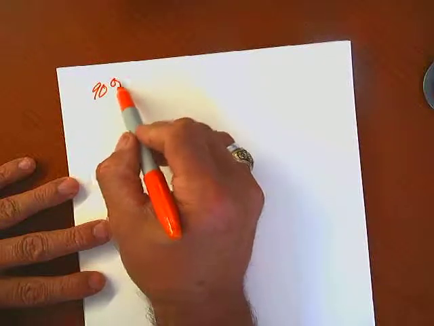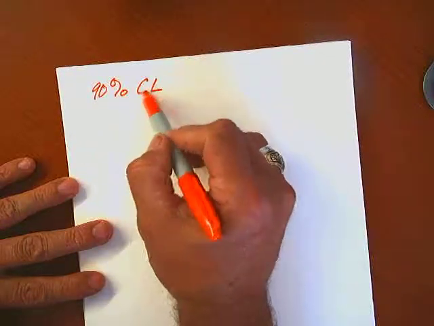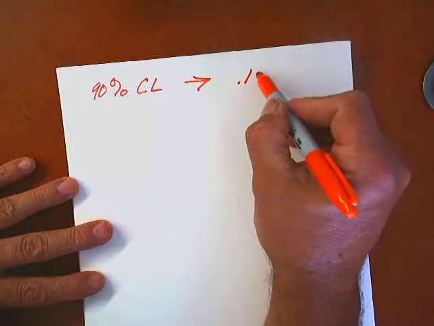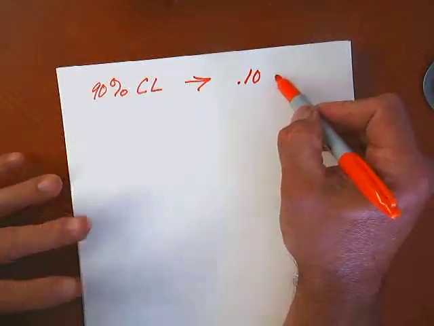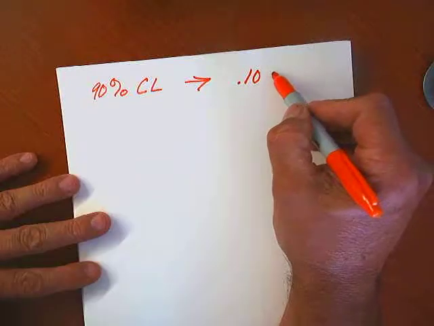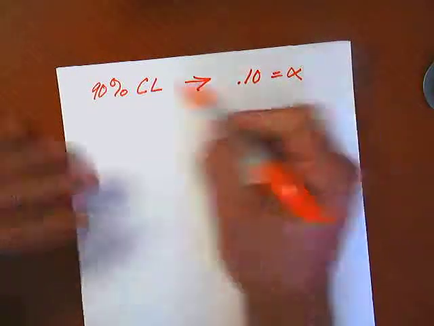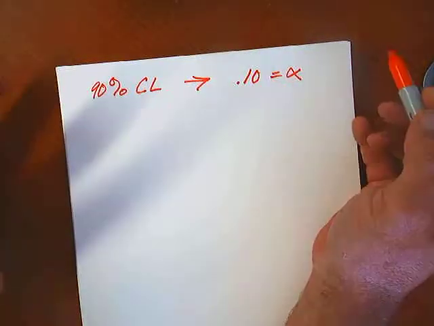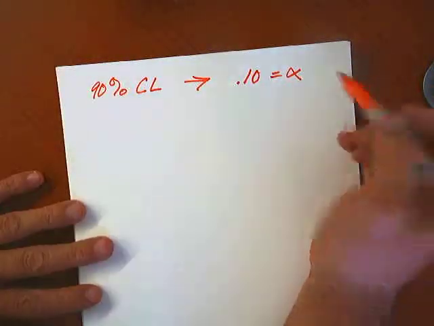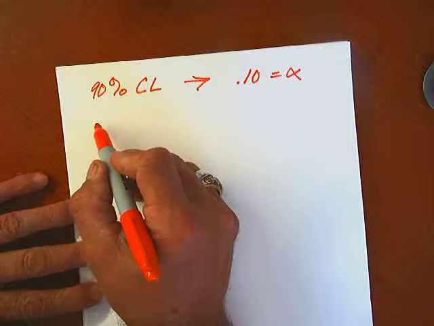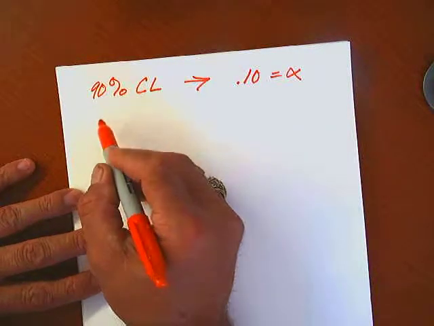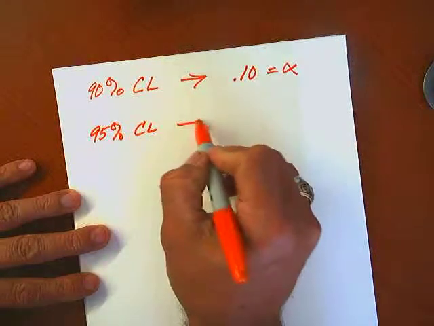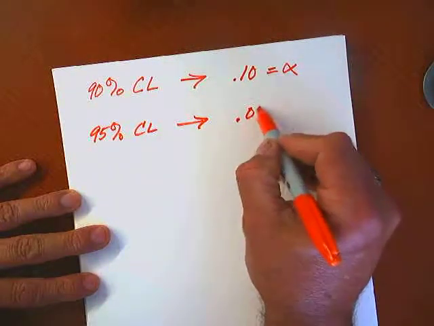There's also the term alpha. Alpha is basically the complement of your confidence level. So if we have a 90% confidence level, that translates into a 0.10 level for alpha, because 0.9 plus 0.1 is equal to 1.